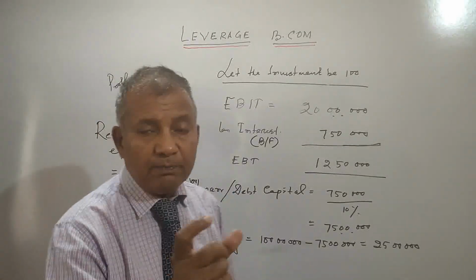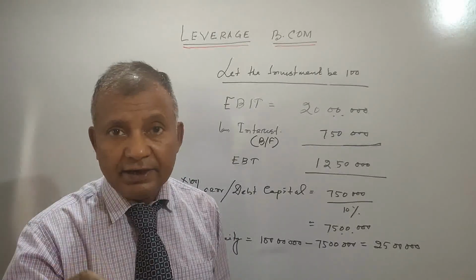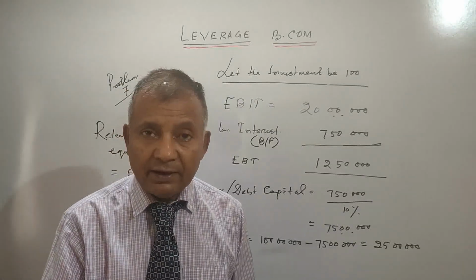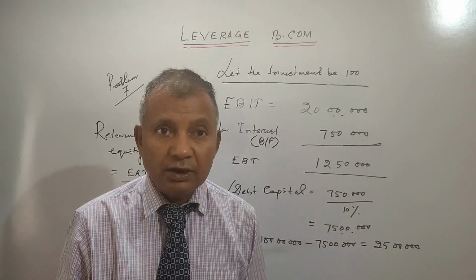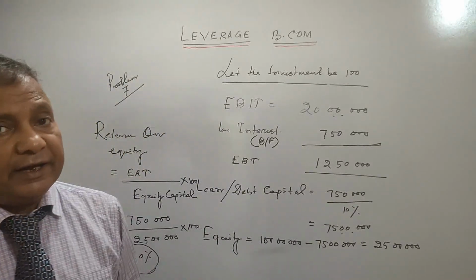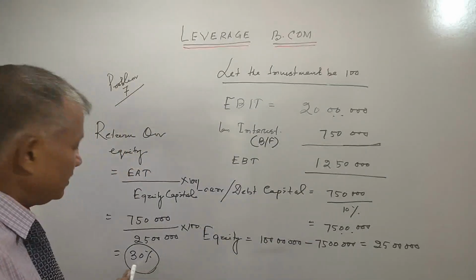So in this problem, the most important idea is that they have given you the return on investment, but investment has not been given to you. Therefore, we assume that it is 100 lakhs. If it is 100 lakhs, then 30%.